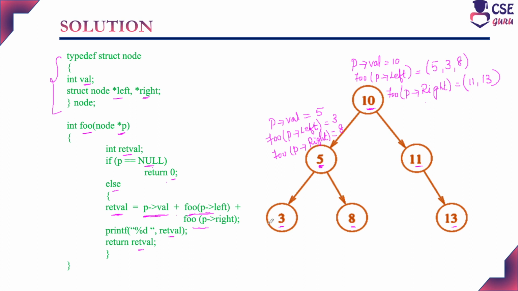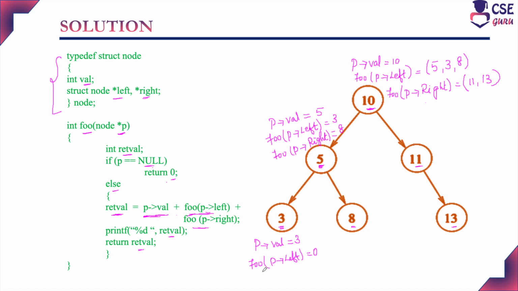Then we have to move to the left side node. If we are considering this left side node, its p value is 3. And its left node is null, so it will return 0. So foo of p of left is 0. Similarly, it doesn't have a right node also.